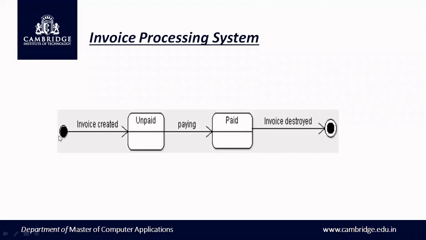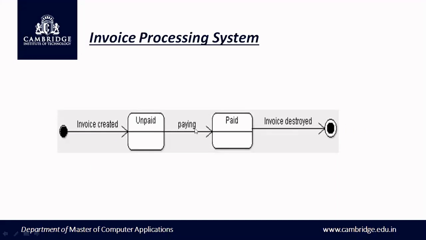In this example, we start with the initial state. In the initial state, the invoice is created, and the state is unpaid. So now the customer has not paid the amount yet. The payment is not complete yet. Only the invoice is created.